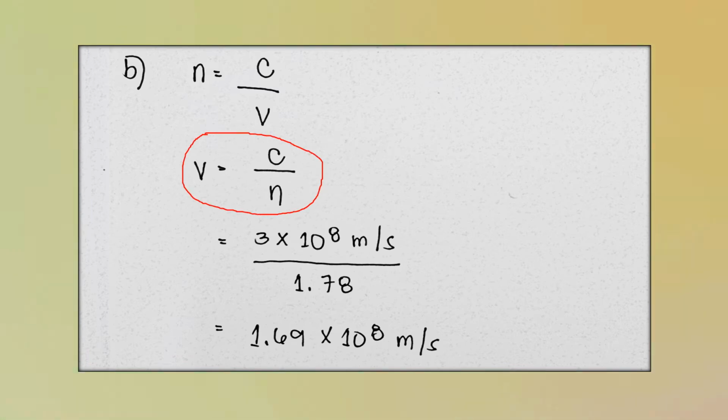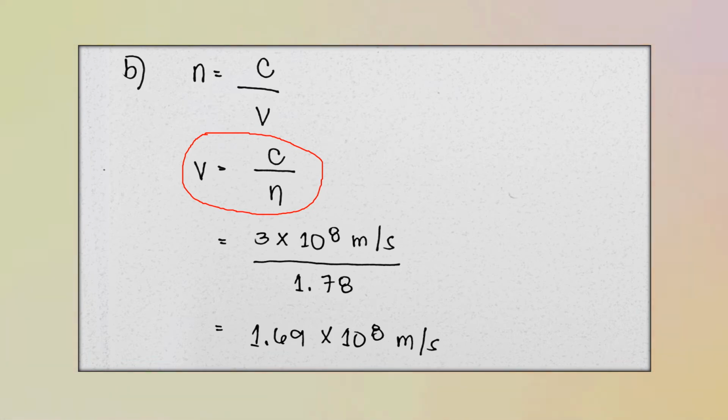Okay, so we all know that the value of the speed of light is equal to 3 times 10 raised to 8 meters per second, and the value of the index of refraction that we just calculated is 1.78.